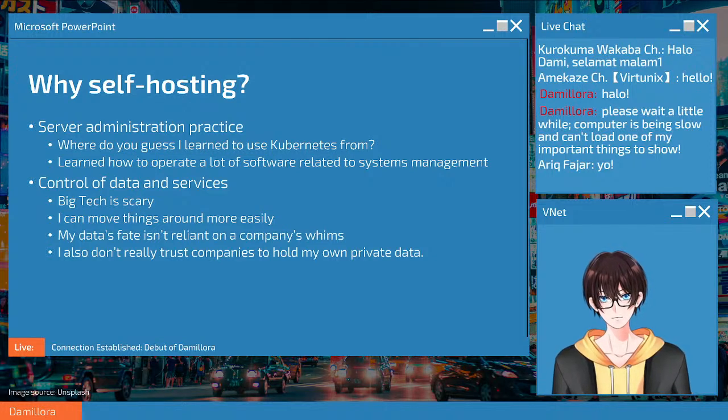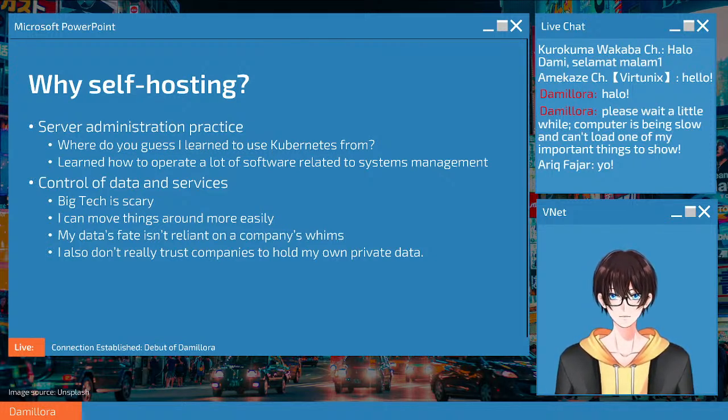I literally just copy my files around and put them in a new server and that's it. I have moved my data to another country without much problem. And then my data's fate is not reliant on a company's whims.